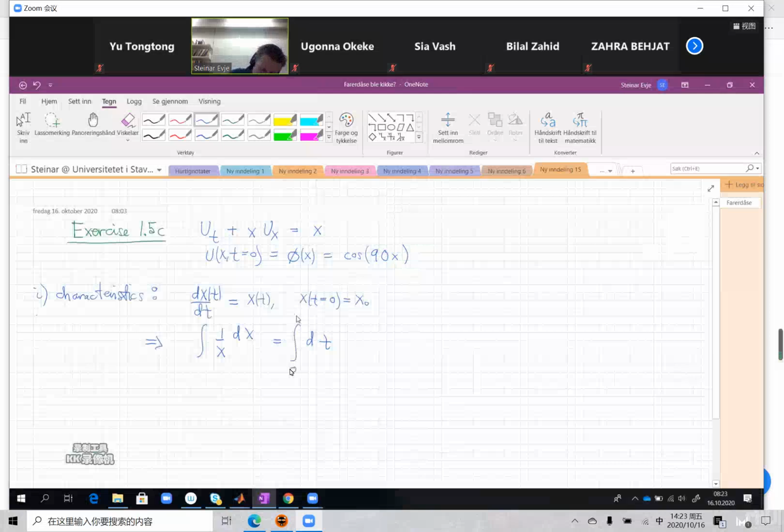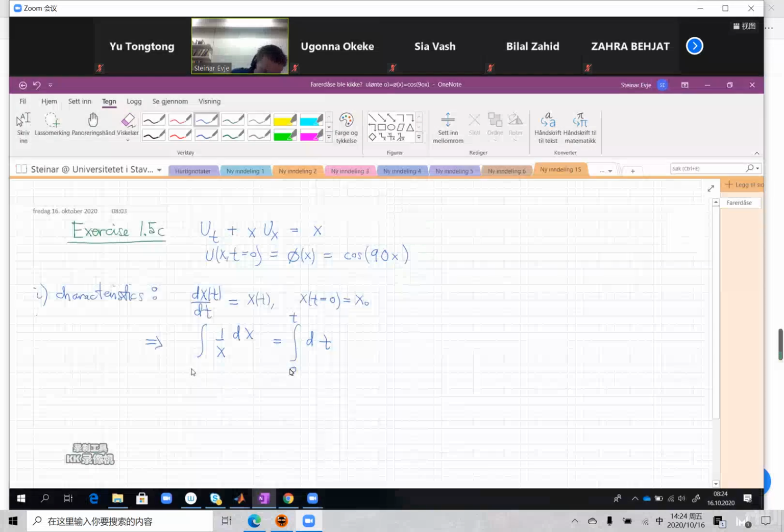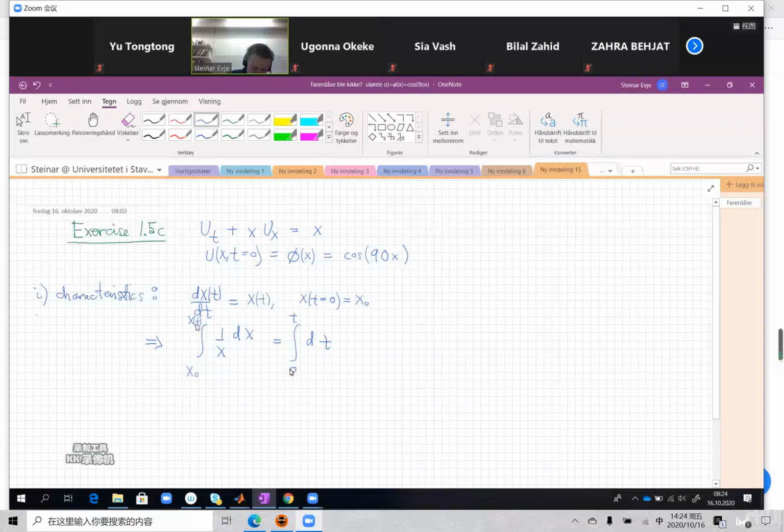We integrate from 0 to some time t, and regarding x, we integrate from x0 to some x(t). Those are the corresponding positions in x. I don't think we need to do all the calculations. We will find that this gives us x(t) equal to the initial point x0 multiplied by the exponential function with argument t.